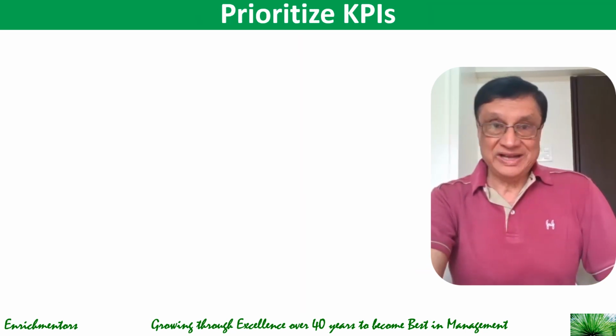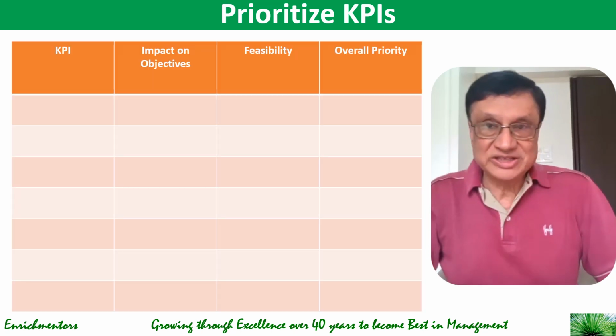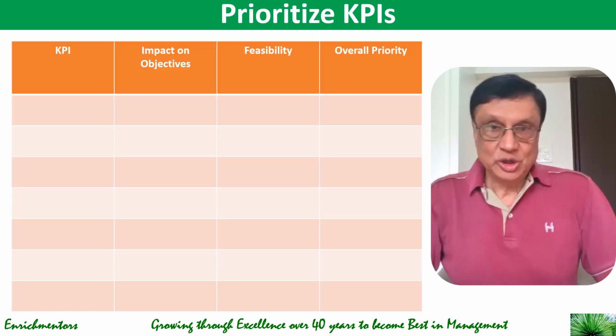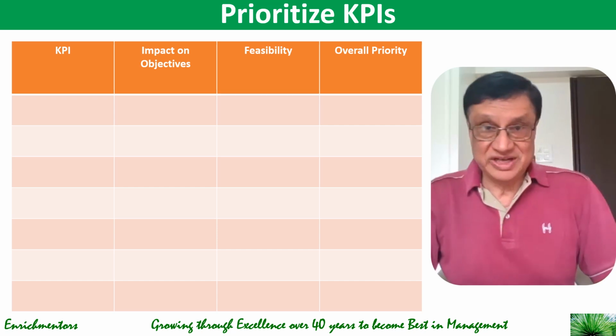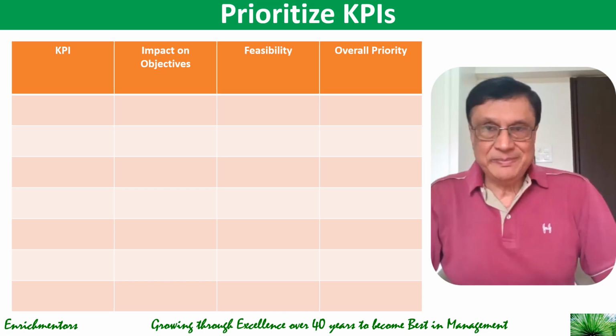After that, the time is ripe to prioritize these KPIs. You prioritize these KPIs based on their direct impact on achieving the strategic objectives, as you see here in the first column. Then you look at the feasibility of measuring these KPIs, including availability of data and resources required for tracking.